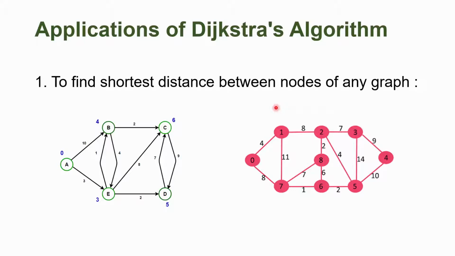First one is to find the shortest distance between nodes of any graph. It is the main, or we can say basic, application of Dijkstra's algorithm. From the example we understood how it actually works. So we can implement Dijkstra's algorithm for any graph to find shortest distance.